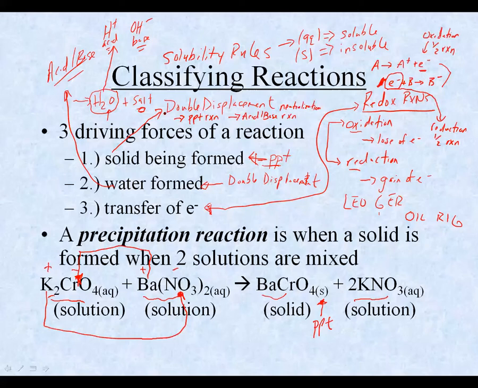So again, the big category of reactions is double displacement, and sometimes people will just use double displacement as a way to classify it, but a more specific way of classifying a specific type of double displacement reaction can oftentimes be a precipitation reaction, or it can be classified as an acid-base reaction. Any questions on that there?